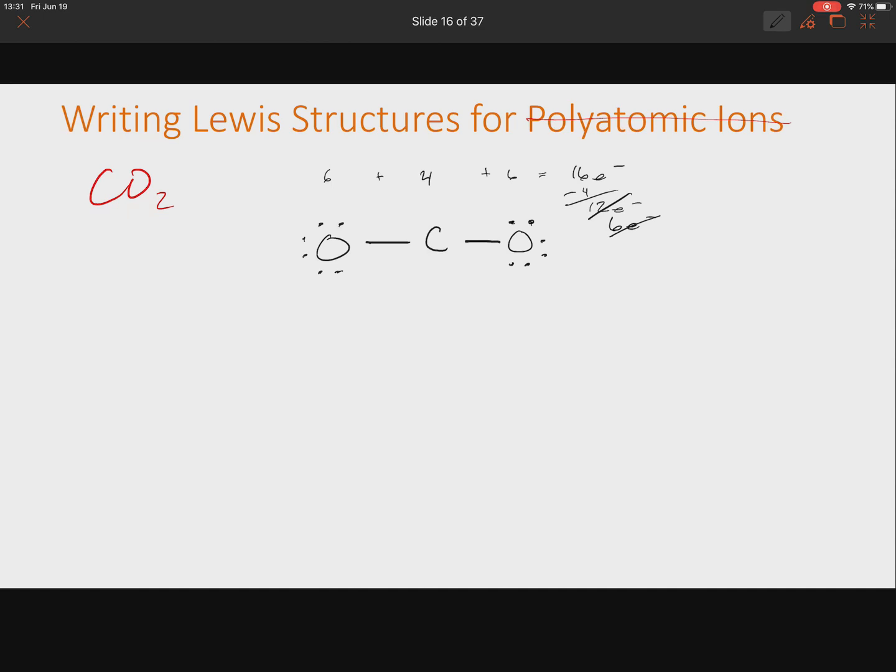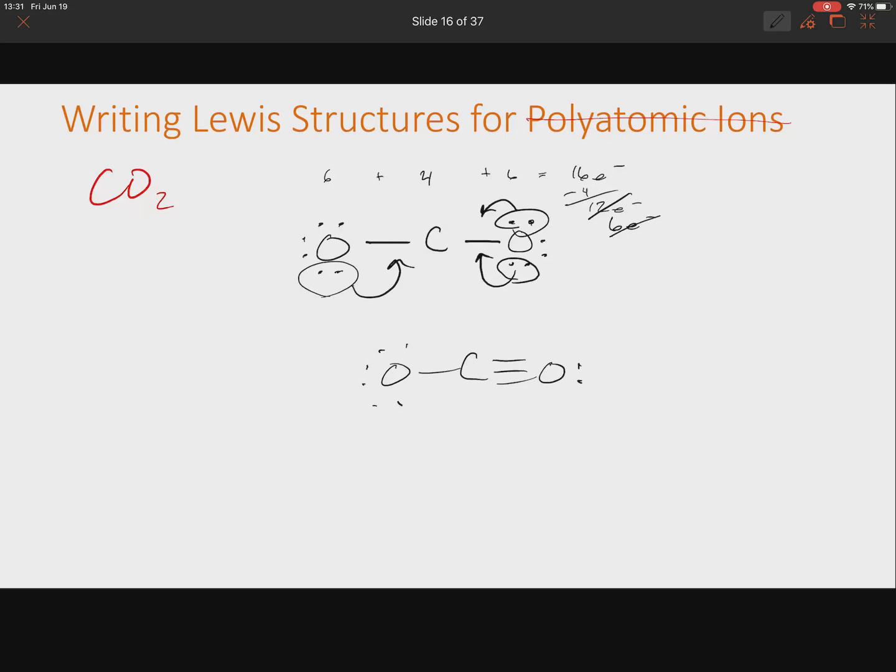So that doesn't work. But we know that we can start putting in double bonds. So maybe this oxygen puts 2 of its electrons there. Maybe this oxygen puts 2 of its electrons there. We could have just had one oxygen do it. So let me show you what that looks like. Let's say that this oxygen actually donated both times.